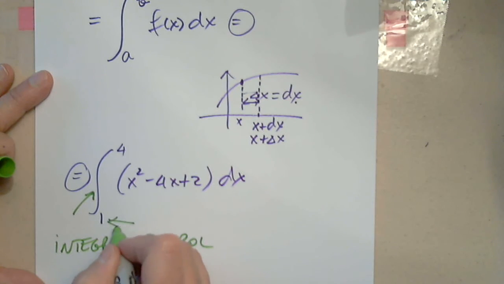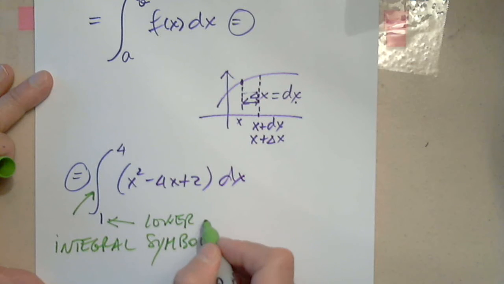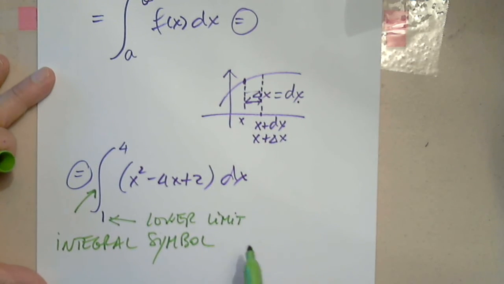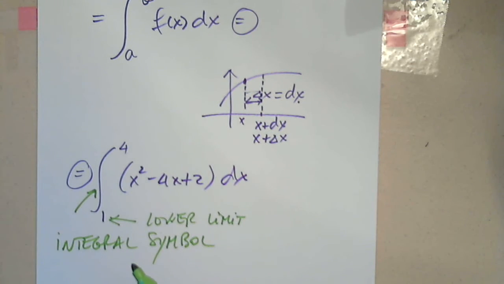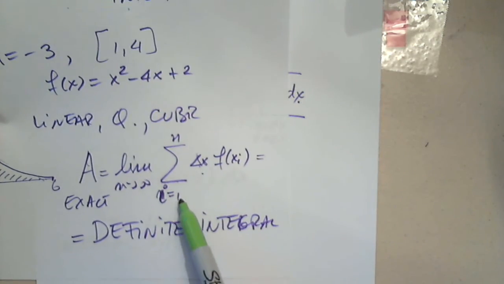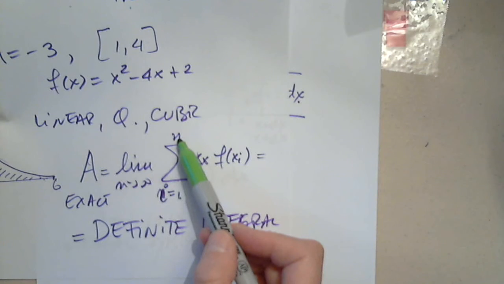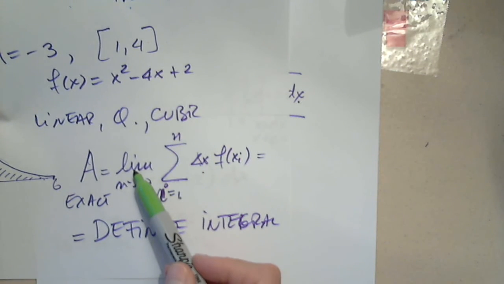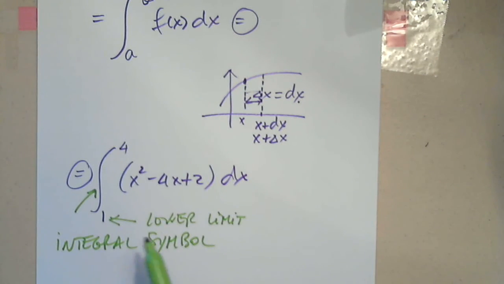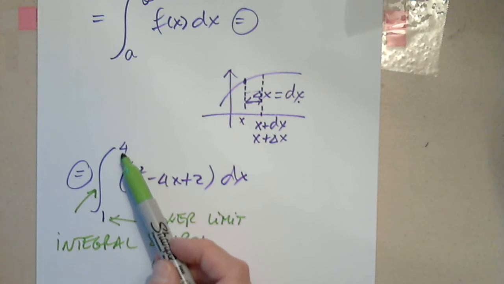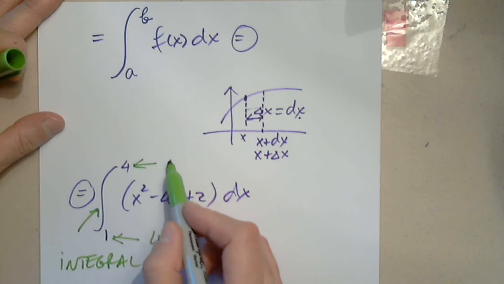This is, of course, the lower limit. It has nothing to do with limits, as we know them. It's like the summation notation from a minute ago. This is the lower limit for the summation. This is the upper limit. It tells where the starting point is and where the end point is. So this is called the upper limit.